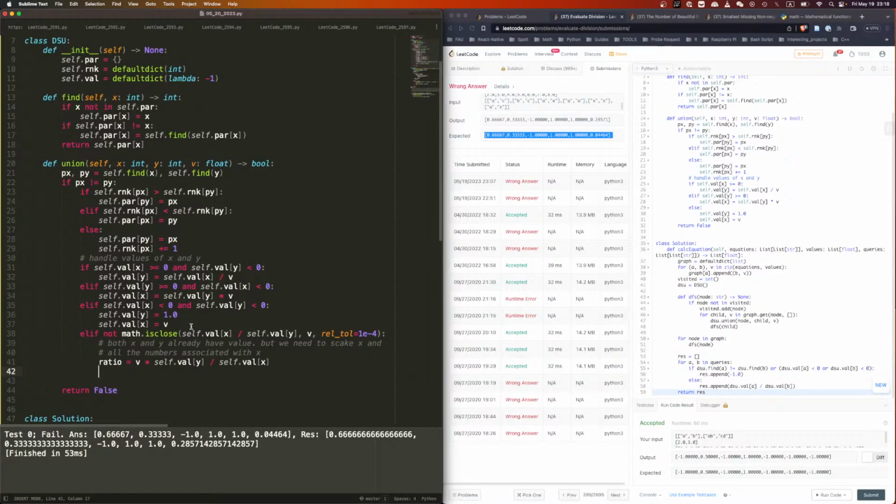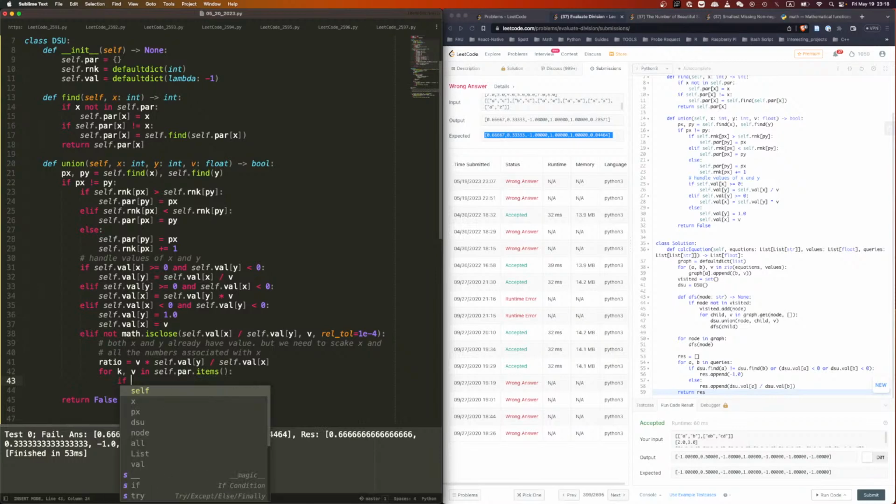I know px, right? So we need to go through everything. So we need to say for key, value in self.parent.items, right?